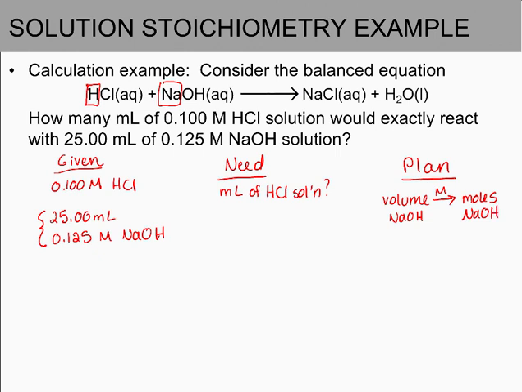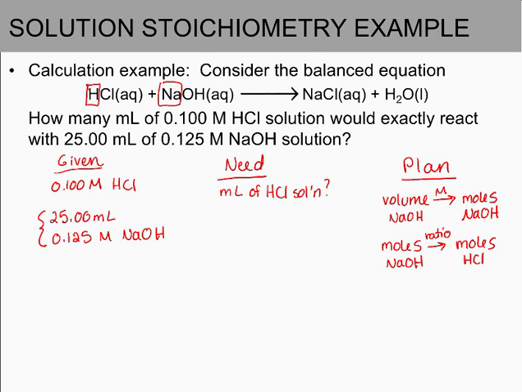Okay. Now we're trying to get to hydrochloric acid, right? How much hydrochloric acid do we need? So the next step, let's figure out how many moles of hydrochloric acid we have. So we'll convert moles of NaOH to moles of HCl, and we're just going to use the reaction coefficients or ratios. Looking at the reaction, it's just a 1-to-1 ratio, so that's pretty easy.